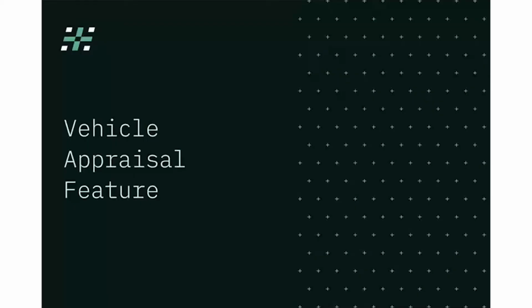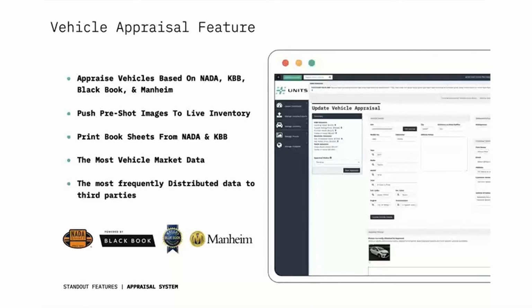One of our newer features inside of units is our vehicle appraisal system. The great thing about our vehicle appraisal system is it can be used anywhere, right? You've got it on a mobile device. So if you're at the auction and you're buying a car and you want to make sure that you're making the right buying decision, you can appraise the vehicle right there on the spot.